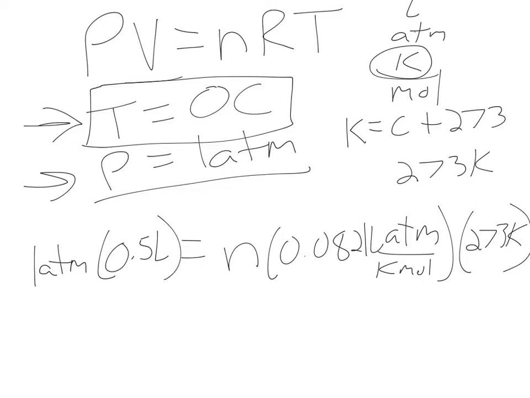Alright, on the left, I can multiply 1 times a half, and I will get 0.5 equal to n. And on the right, I have to multiply 0.0821 by 273, and I get something like 22.41. Almost done.